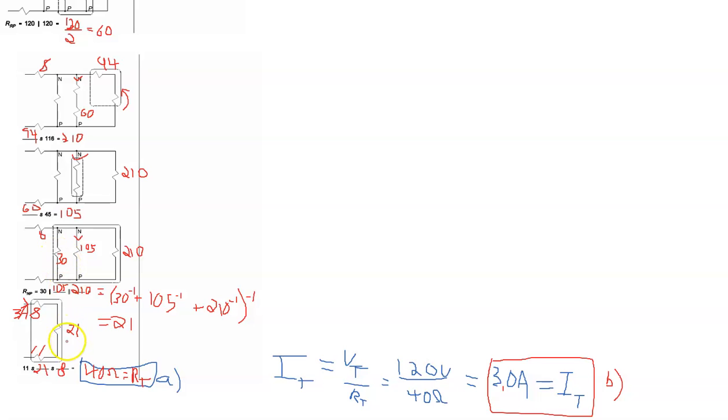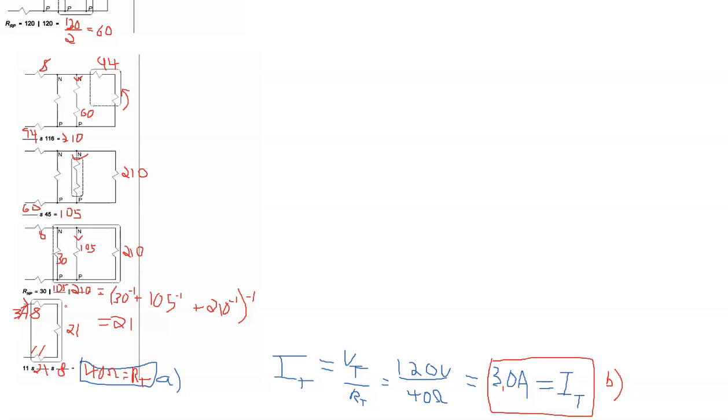And the voltage drop across the 21 we can bring up here as the voltage drop across the 30, the 105, and the 210. Why? Because V21 is the voltage drop between N and P, between those two nodes or junctions, and so it is across all of the equivalent resistances that we combined in parallel to make the 21.